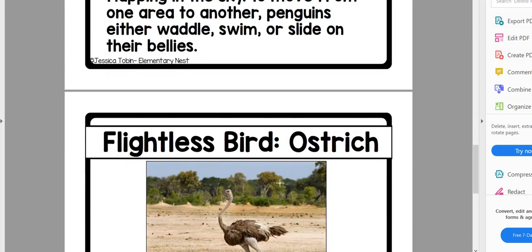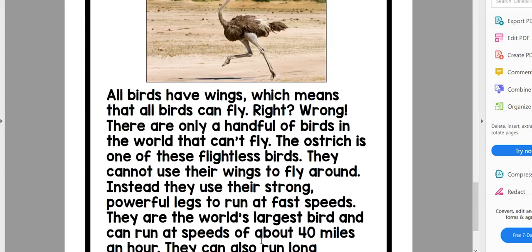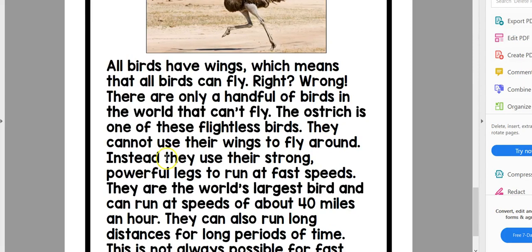Now we're going to look at a text that's called Flightless Bird Ostrich. All birds have wings, which means that all birds can fly, right? Wrong. There are only a handful of birds in the world that can't fly. The ostrich is one of these flightless birds. They cannot use their wings to fly around.